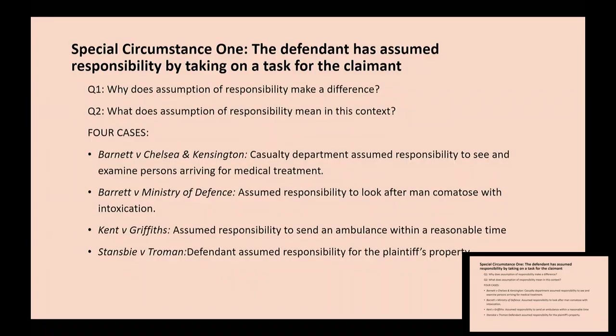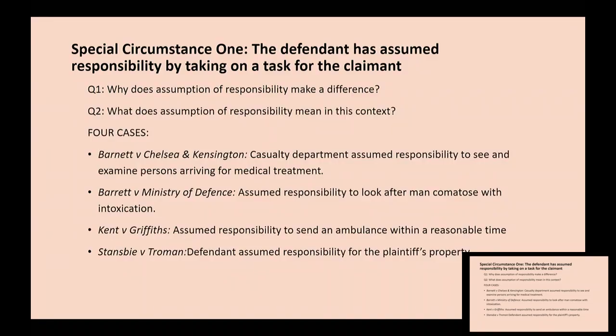It makes a difference because if the objection to imposing duties to confer benefits on others is justified because they interfere with our freedom, that objection has a clear answer when the defendant has voluntarily taken on a task for the claimant.